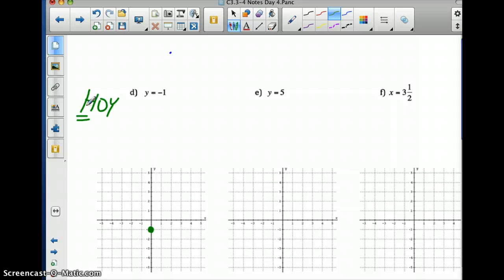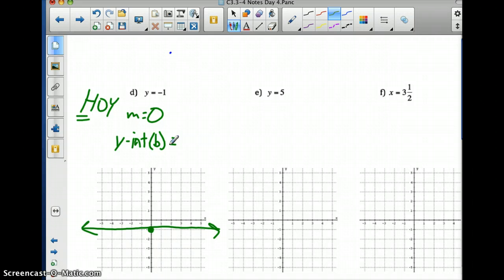Draw a horizontal line at y=-1. Tara, what's the slope of that bad boy? It's not no slope. Oh, 0. It's 0 slope. And what's the y-intercept, Tara? Or what's the b? -1. Where it crosses the y-axis.